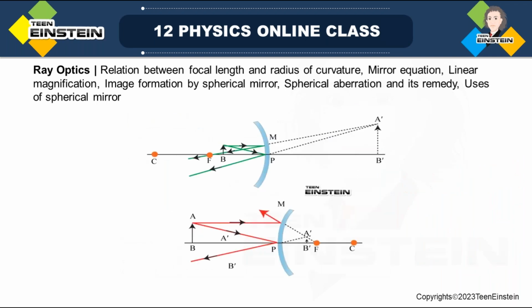Tomorrow we'll do the mirror equation, linear magnification, then image formation. Image formation we have already seen. The mirror equation part will take a little time to derive, but I'll just tell you the mirror equation, and then tomorrow we'll discuss the rest.